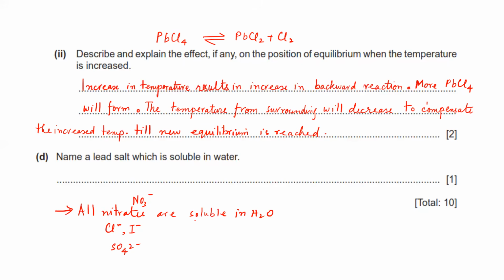Similarly, sulfates of silver, lead, mercury, calcium are not soluble. Carbonates and hydroxides are mostly insoluble, except sodium, ammonium hydroxide, or ammonium carbonate. So the best answer is to go with a nitrate. All soluble salts are generally nitrates.